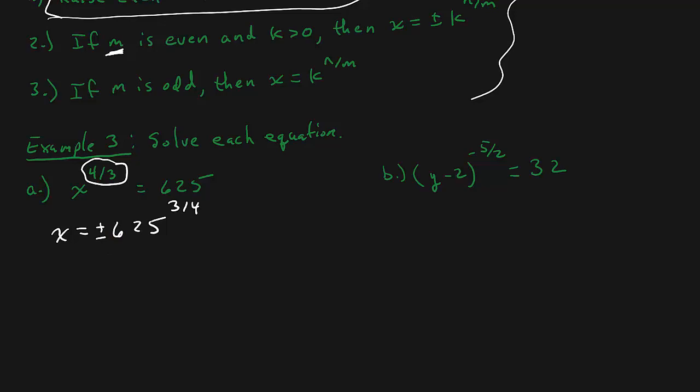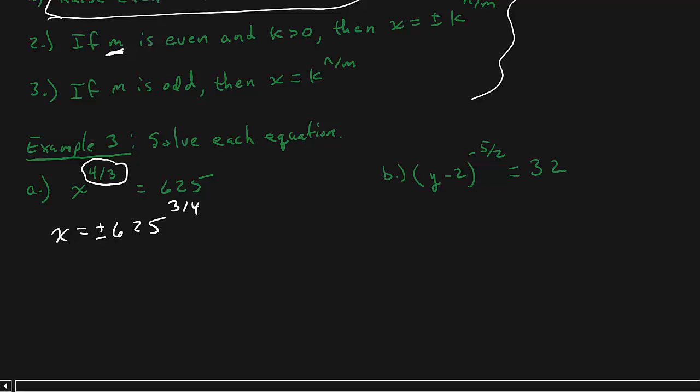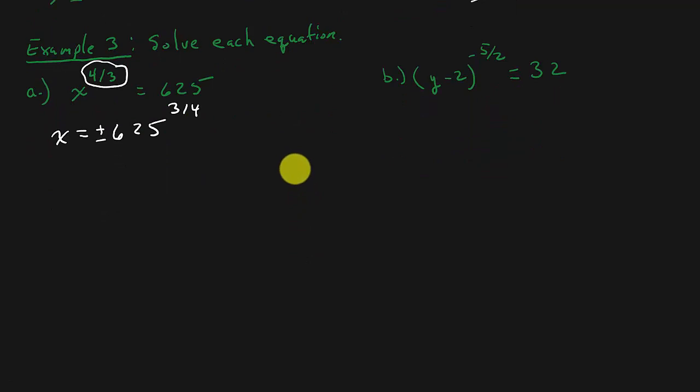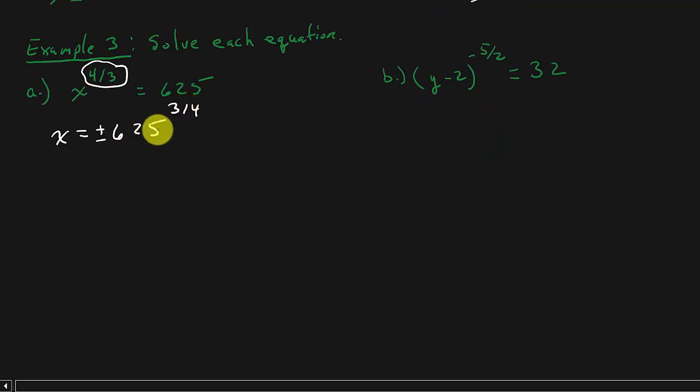All right, so for right now, just bear with me on the plus or minus. And I'm going to explain to you as we're working this problem where the plus or minus comes from so it'll make more sense. All right, so now we need to evaluate this 625.